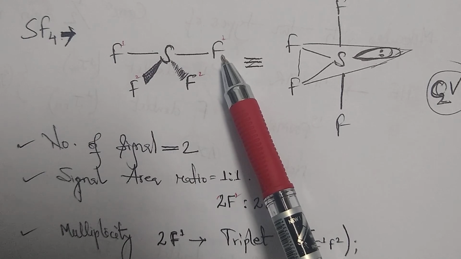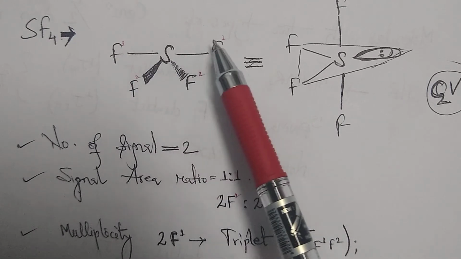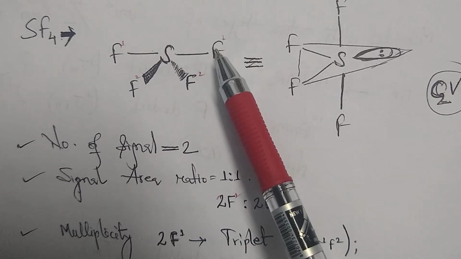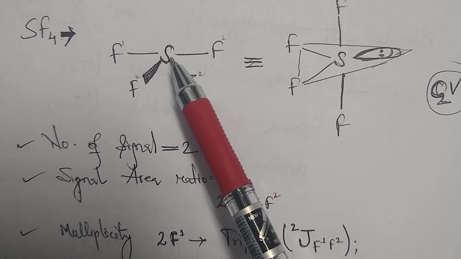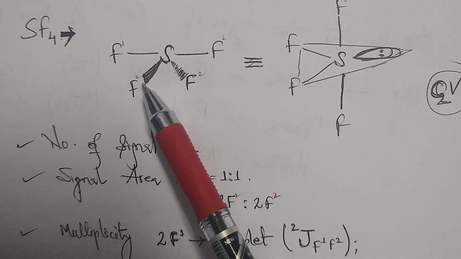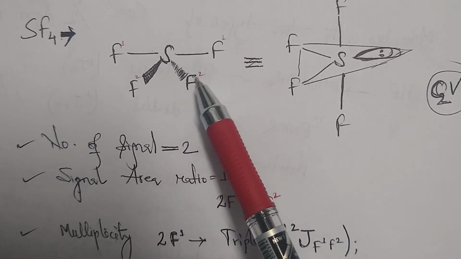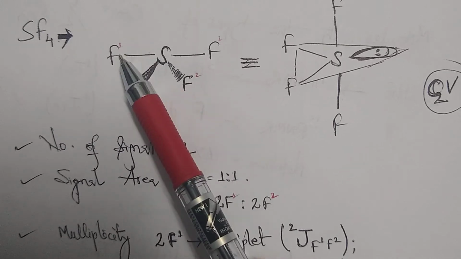Similarly, talking about the multiplicity for these 2 fluorine of one type. Now considering this 1 fluorine over here, if we see the molecule from this side, then we will be able to see 1 fluorine at our side, that is this fluorine, and 1 fluorine which is lying below the plane, that is this fluorine only, not the fluorine which is lying at the back side.